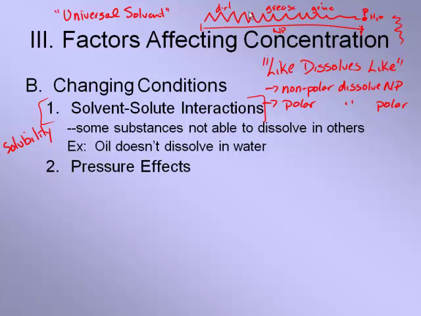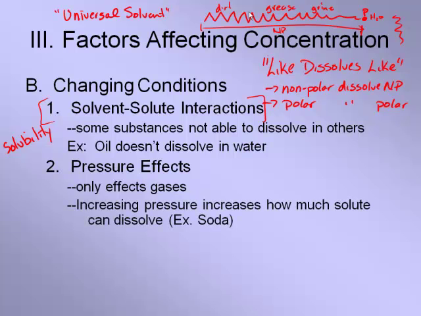Other things that you can do to affect concentration: pressure. Okay? Pressure only affects gases. Why? Well, there's no pressure in a solid or a liquid. Now, if you increase the pressure, you can increase how much solute can dissolve. For example, soda. Soda is a great example of changing conditions to affect how much can dissolve.